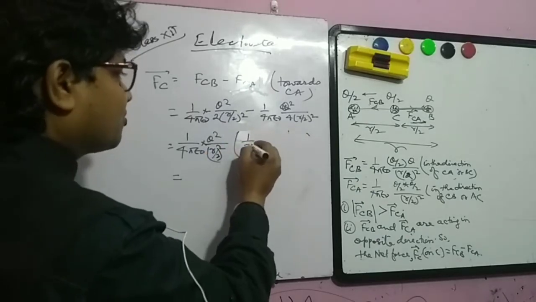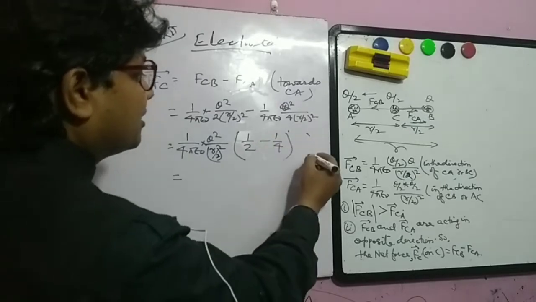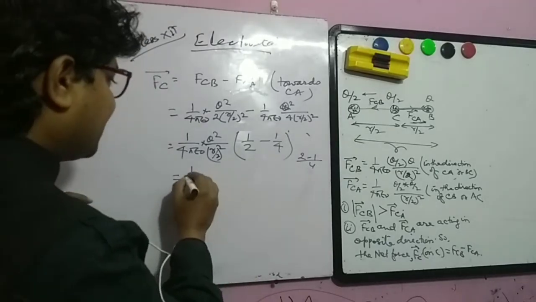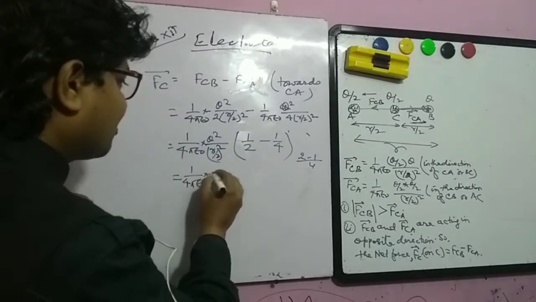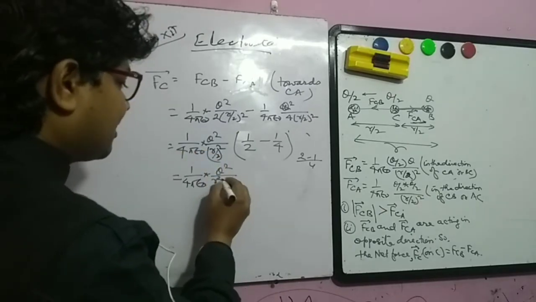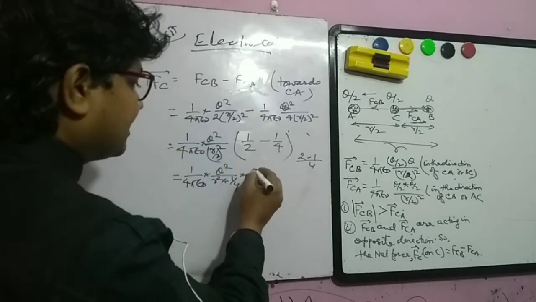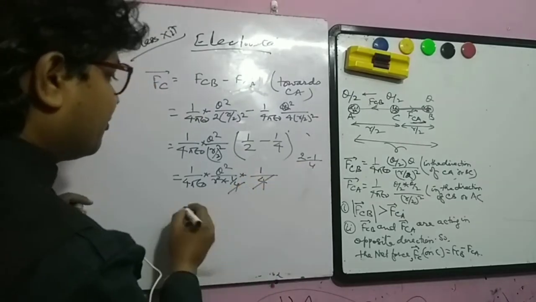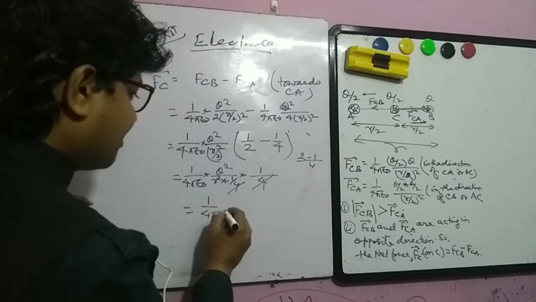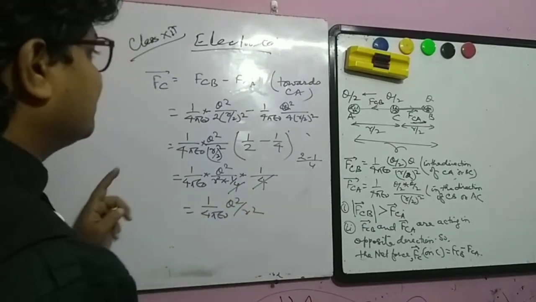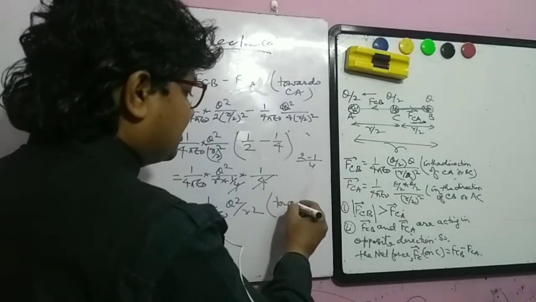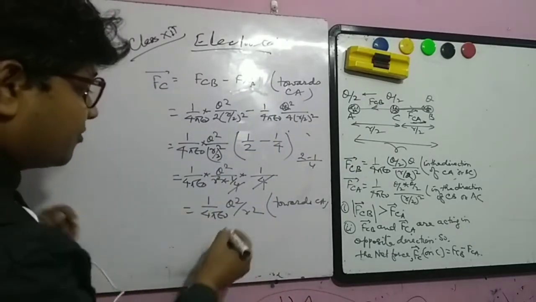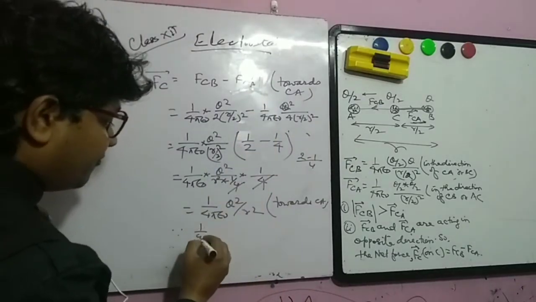What we are getting here is 1 by 2 minus 1 by 4, so 2 minus 1 over 4. So we get 1 upon 4 pi epsilon naught, q square, r square into 1 by 4, and the 1 by 4 and 1 by 4 get cancelled, so 1 upon 4 pi epsilon naught q square by r square. Okay, what is the direction? Towards CA.